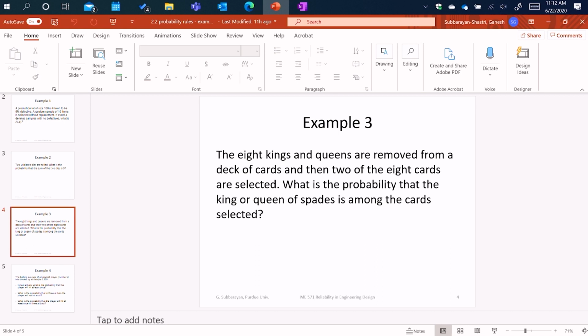So we pick 8 cards from a deck, and only the kings and queens are picked from the deck, and I pick 2 cards out of the 8, and I ask the question, what's the probability that the king or queen of spades is among the cards selected?